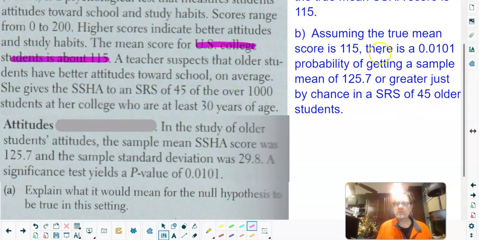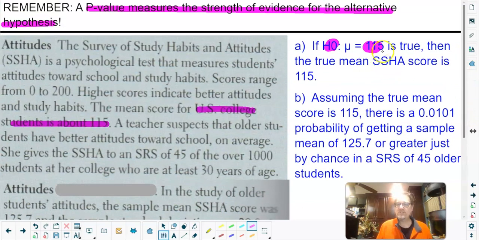So assuming the true mean score is 115, there is a 0.0101 probability of getting a sample mean of 125.7 or greater just by chance alone in an SRS of 45 older students. So again, it's a very small p-value. What this means is I would tend to believe the alternative hypothesis, and the alternative hypothesis would be a higher score.